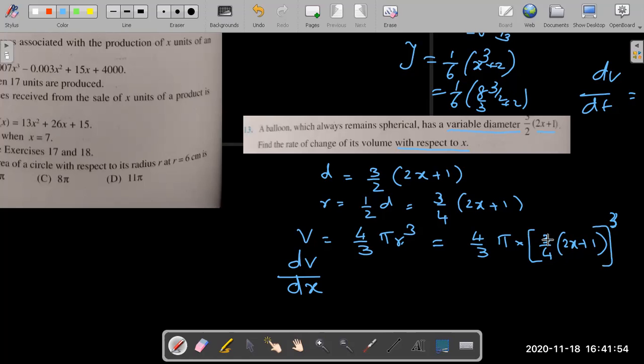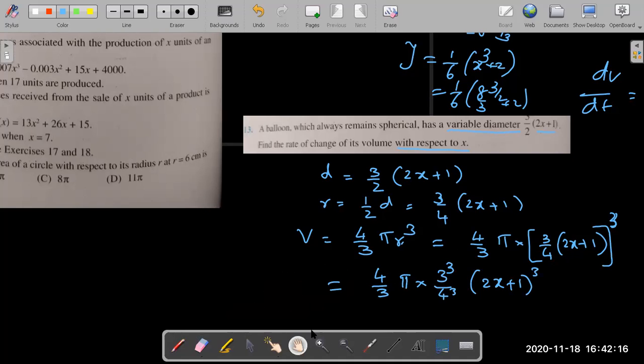So take the numbers out. That means 3 cube. Let me first erase this dv by dx. We will do it later. We'll simplify this first. So 4 by 3 into pi into 3 cube by 4 cube into 2x plus 1 whole cube.